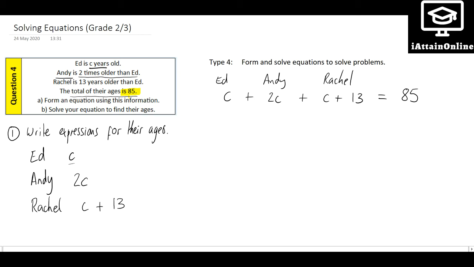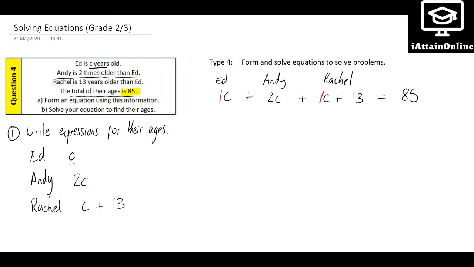So we've actually created an equation here, formed our own equation to represent this problem. What you are now going to do is group together or simplify all the like terms. Now, before you do this, I just suggest going through and any terms that are just C without a number in front of them, remember that means one lot of C. So just to avoid confusion, it might be a good idea to do that.